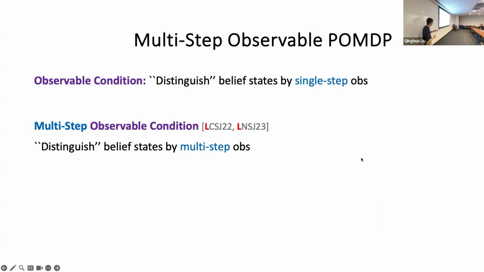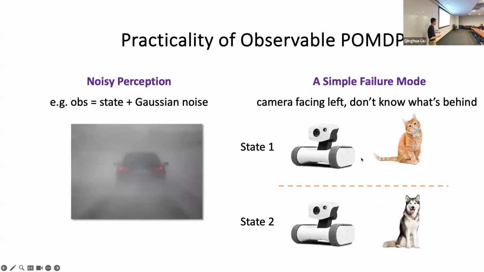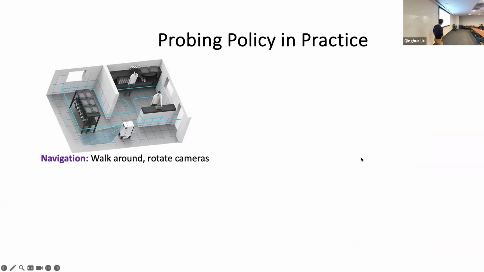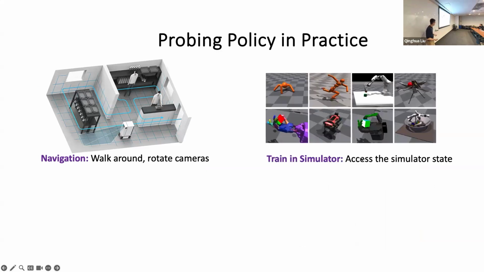In the previous example, the probing policy is maybe turn around or rotate your camera. In more practical scenarios, like navigation, this probing policy could be just walk around your house and rotate your camera. If you are training in a simulator, you could just add an additional meta action, which is to access the simulator state, and the probing policy will just pick that special action to probe the underlying hidden state.